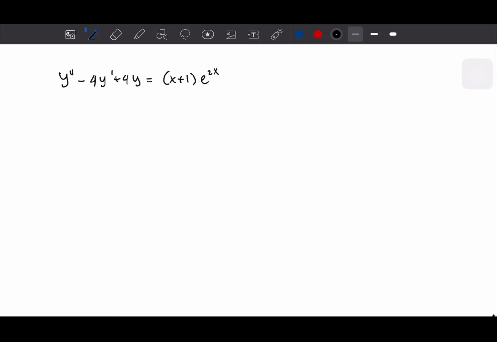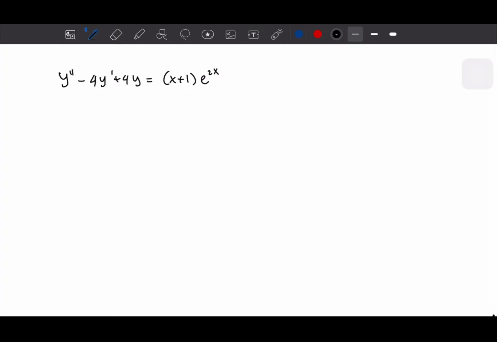We multiply with this and take some coefficients, solve and match all the coefficients, and you can find your y. But in variation of parameters, we can also do this. So variation of parameters depends on this also.